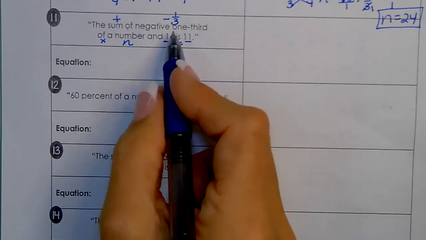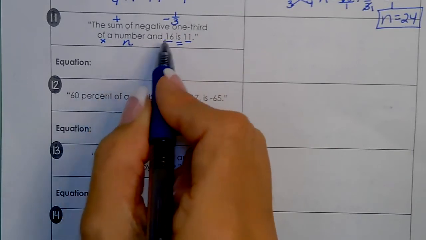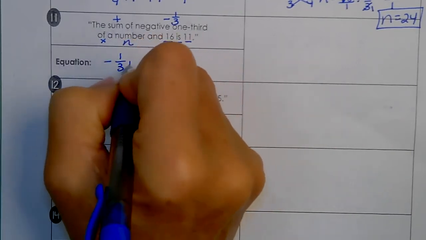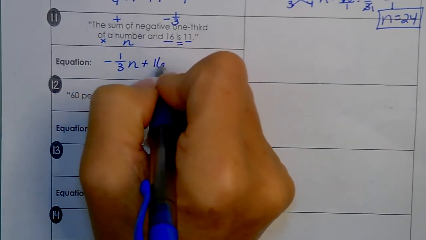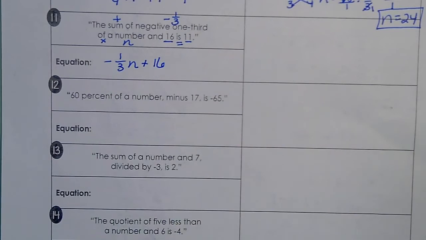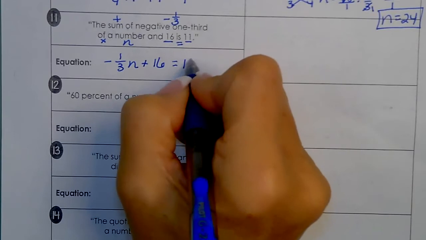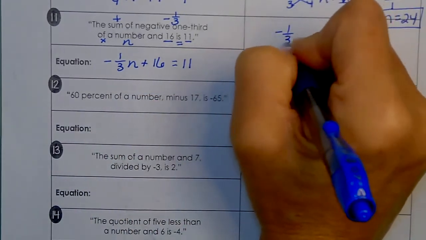All right, so we're going to find the sum of negative 1/3 of a number and 16. So let's start with our negative 1/3 of a number, the sum of that, and 16. So we're going to add those together, is 11. Time to solve.